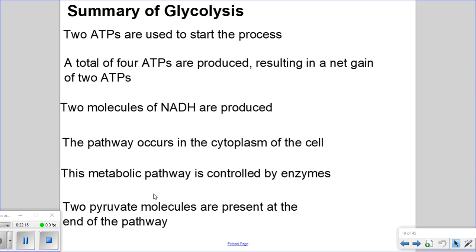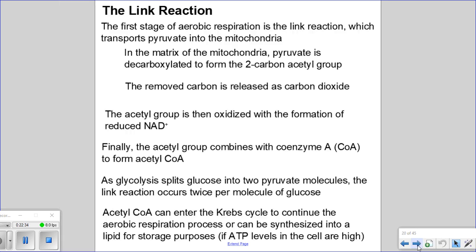And this metabolic pathway is controlled by enzymes. So involved in all of these steps are enzymes, which are not mentioned, but they are there. The 2 pyruvate molecules that are generated are present at the end of the pathway.